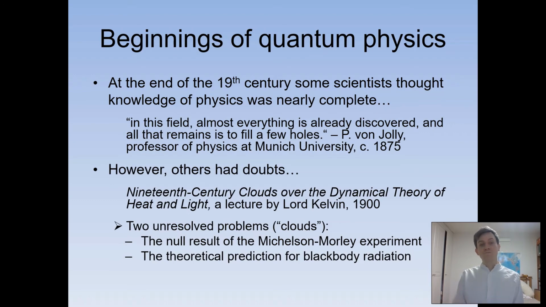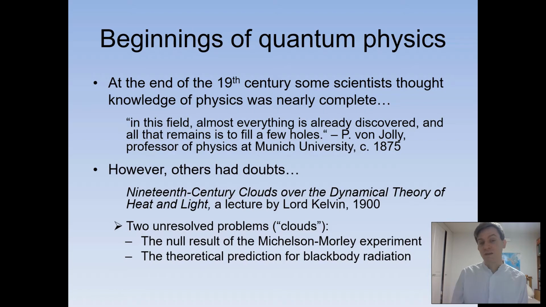Okay, so this was by no means all scientists who thought like this at the end of the 19th century. So in particular here, there's a lecture by Lord Kelvin, which was given in 1900, titled 19th Century Clouds Over the Dynamical Theory of Heat and Light. Okay, so these clouds here are two problems which the classical theories could not answer.